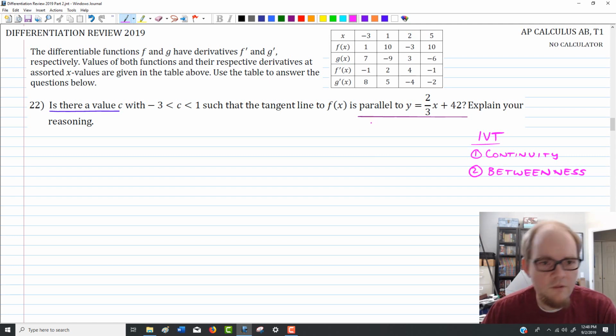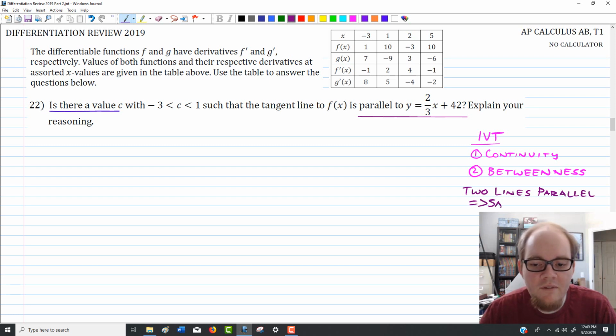So second, the other thing we want to think about for the moment is how it is that we can guarantee something is parallel. So if two lines are parallel, and again, this is kind of the thought process. This is all kind of going through my head, I'd say, as I'm working through this. If two lines are parallel, that means that they should have the same slope. That is the literal meaning of parallel in algebra.